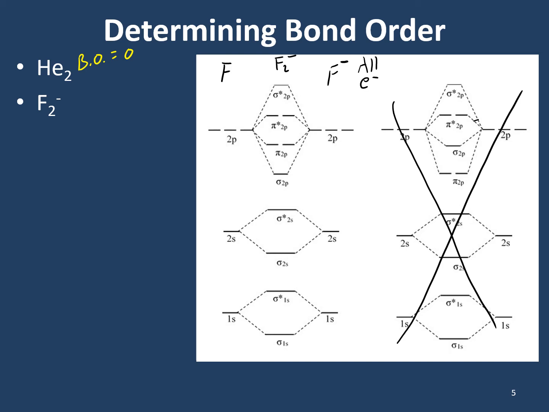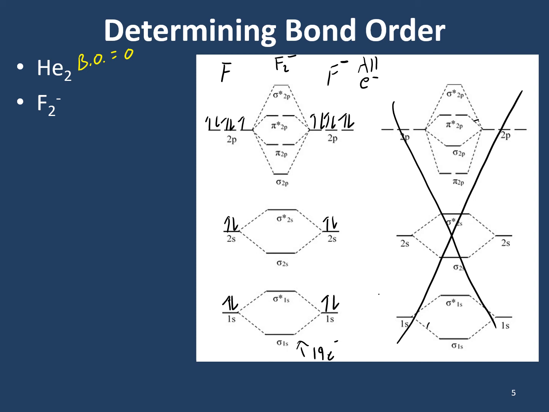So I know F has 9 total electrons: 1, 2, 3, 4, 5, 6, 7, 8, 9. F minus has 10 total electrons: 1, 2, 3, 4, 5, 6, 7, 8, 9, 10. This gives me a total of 19 electrons to put in here, because I have 9 on the left side and 10 on the right side.